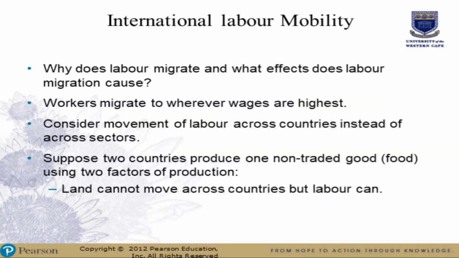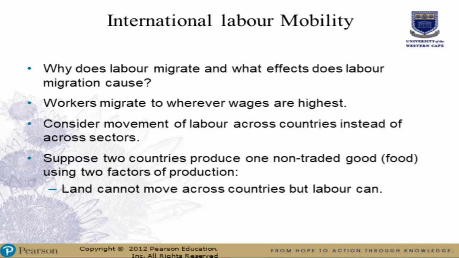It is important to understand the economic force that drives the migration of workers across borders, as well as its effect. In the previous section, we discussed how workers move freely from one sector to the other until wages in both sectors are equalized. This outcome is the same for international migration, as workers move from low-wage countries towards higher-wage countries.